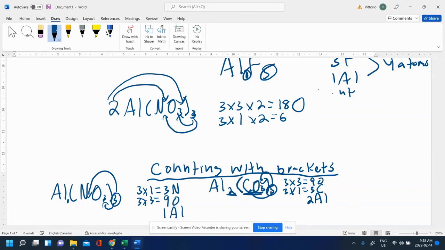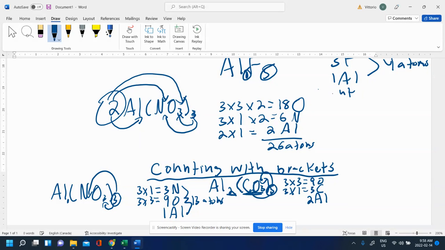So that's 6 nitrogens. And then for aluminum, we don't multiply by the 3 because it's not in the brackets, but we do multiply by the 2. 2 times 1. Because don't forget the coefficient multiplies everything, right? Every single thing, regardless of whether it's in brackets or not. And so our total number of atoms here, 18 plus 6, 24 plus 2, 26 atoms. Whereas here we had 13 atoms, which makes sense. We have 2 times more, right? 2 times 13 is 26.